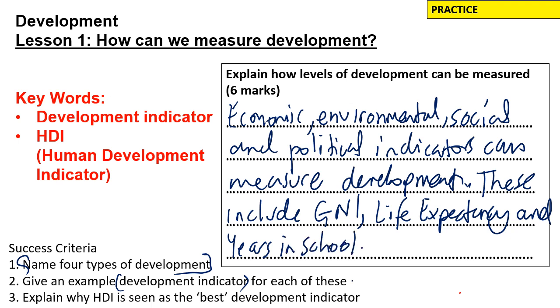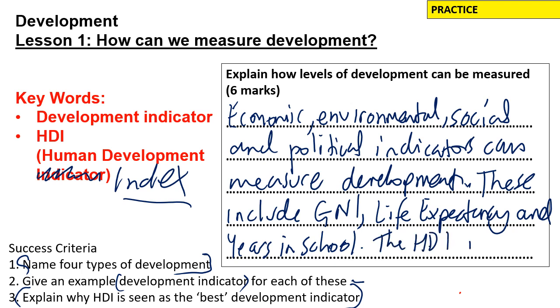Now, what I'd like you to finish off with is explain why the Human Development Index is seen as the best. So I will begin with the HDI is the best indicator because, and that's for you to finish off.